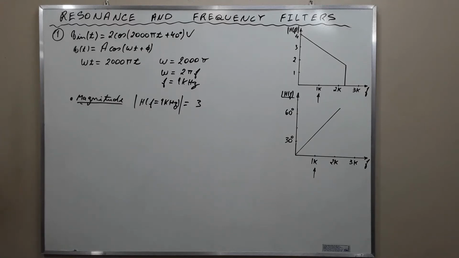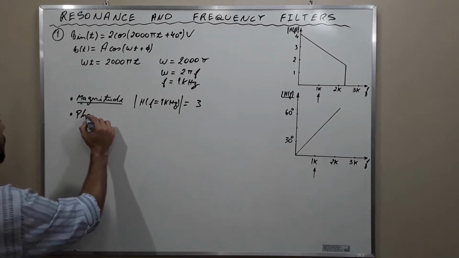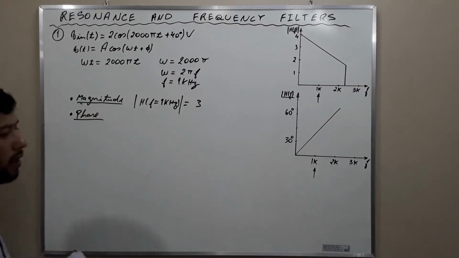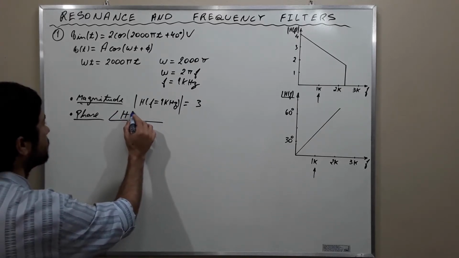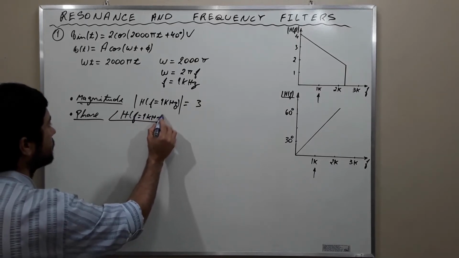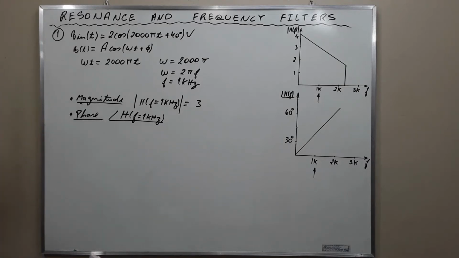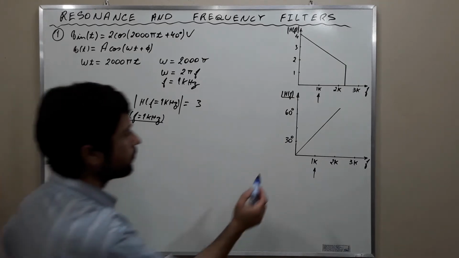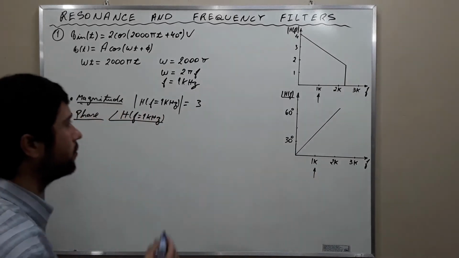And the phase for the frequency of 1 kilohertz is 30 degrees.